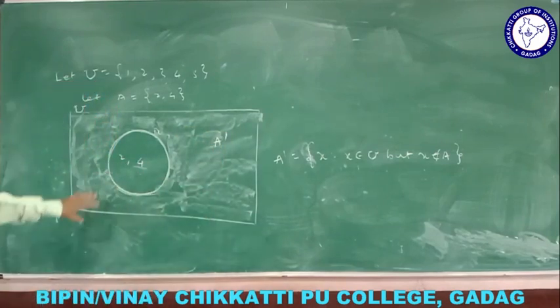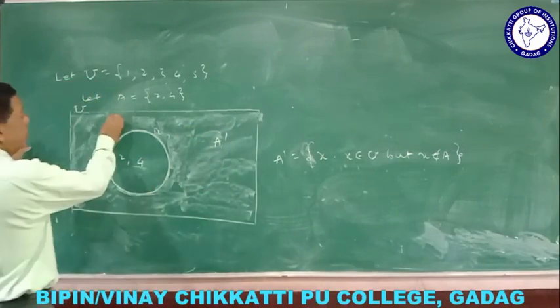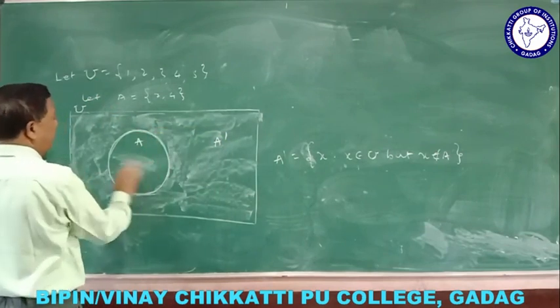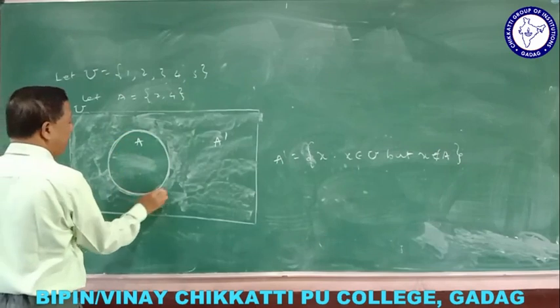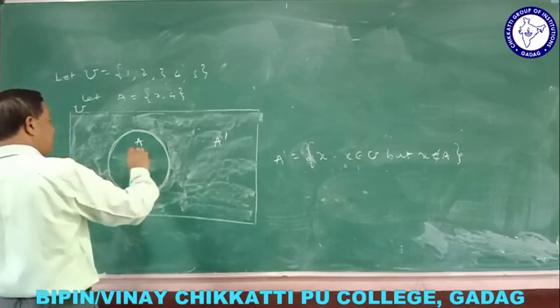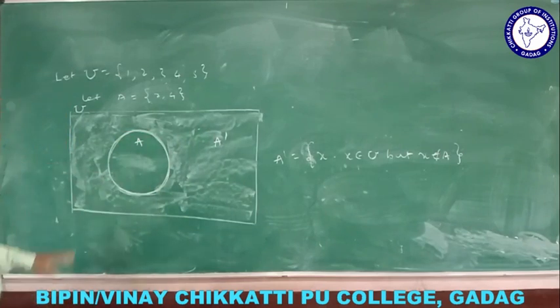When you say this is A, without writing numbers, and this is A dash, A dash means the elements which are not in A, and that is called A complementation.